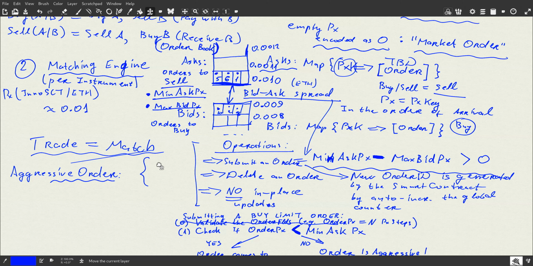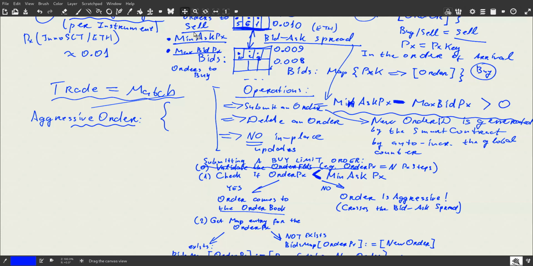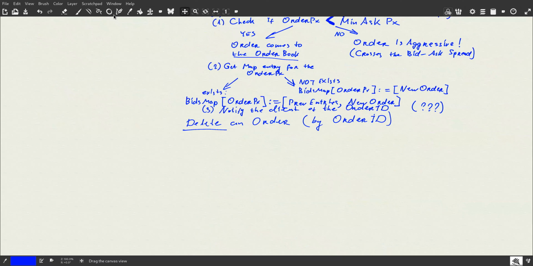Yes, we keep another map, which is an index of orders. So in this case, we need an index of orders. You are absolutely right.